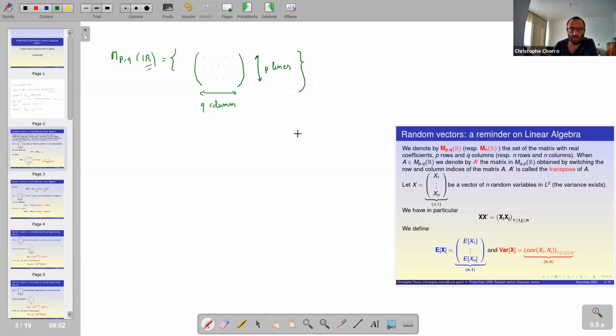It's a classical notation in linear algebra.